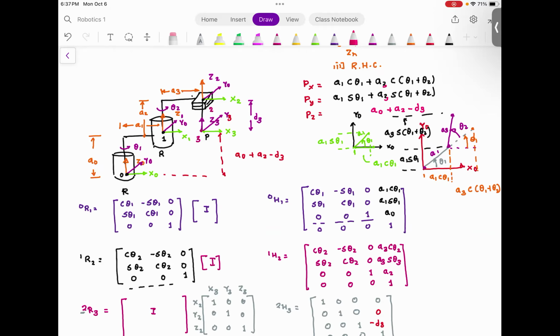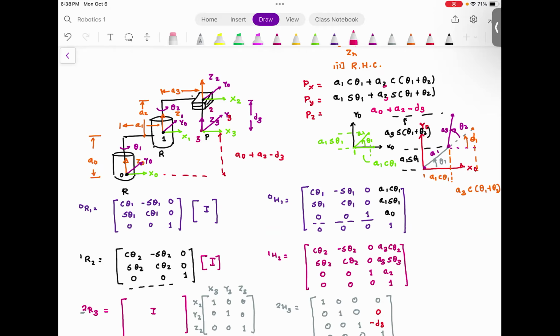Once again, when we work out the inverse kinematics problem, I will show you what happens if you provide a three-condition system to a solver. If you use the MATLAB solve function for finding theta 1, theta 2, and D3 by supplying Px, Py, Pz, that function will not give you the correct answer.